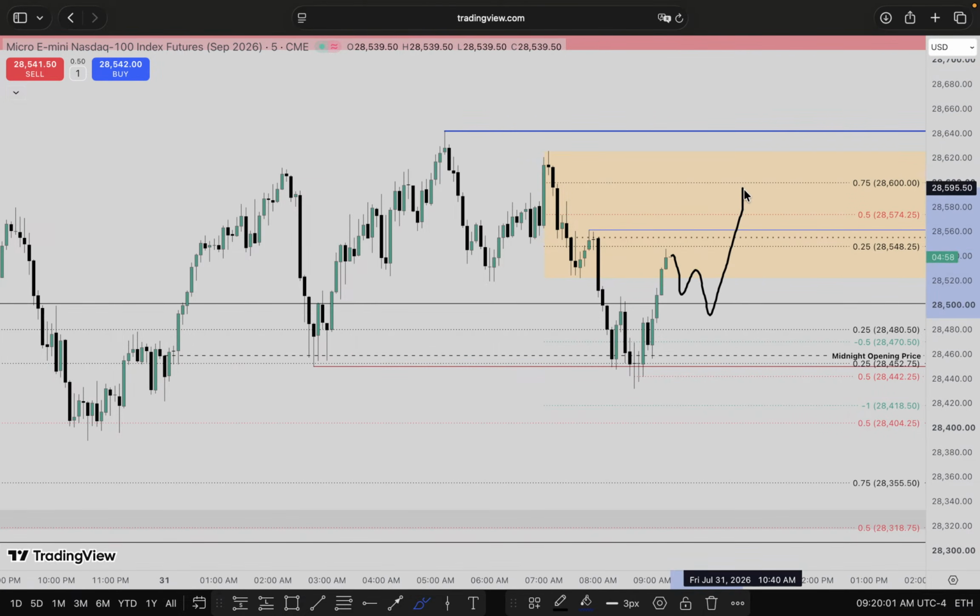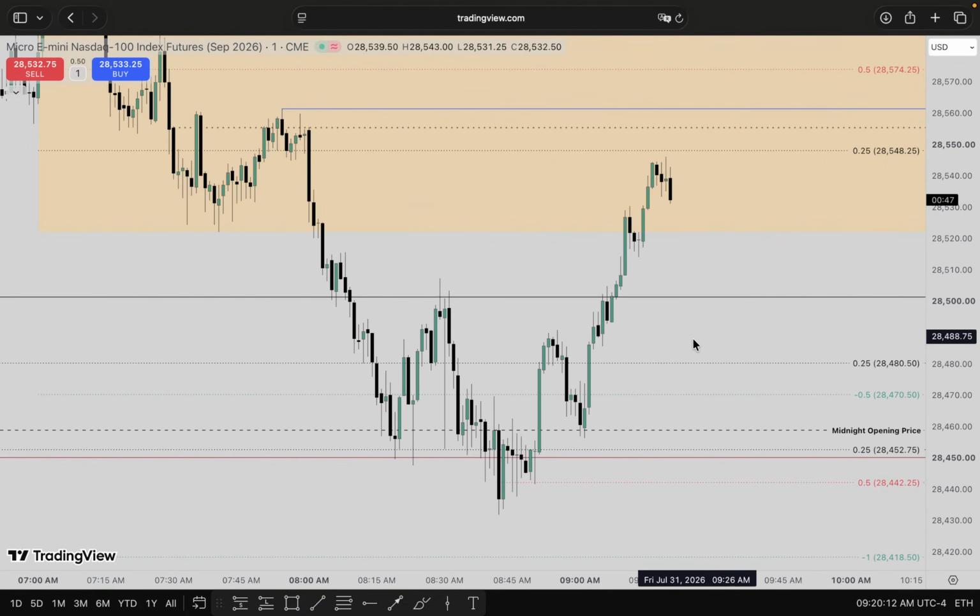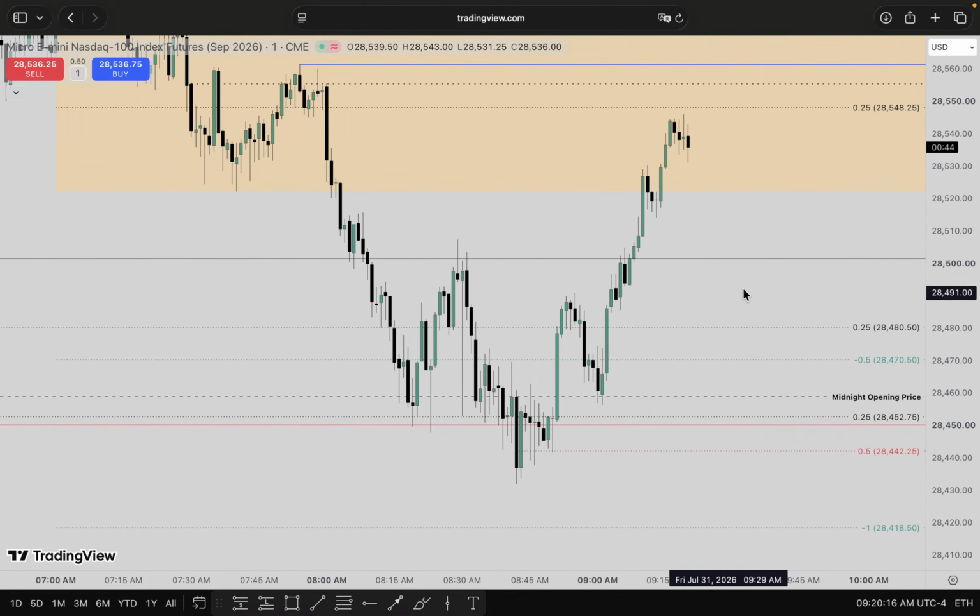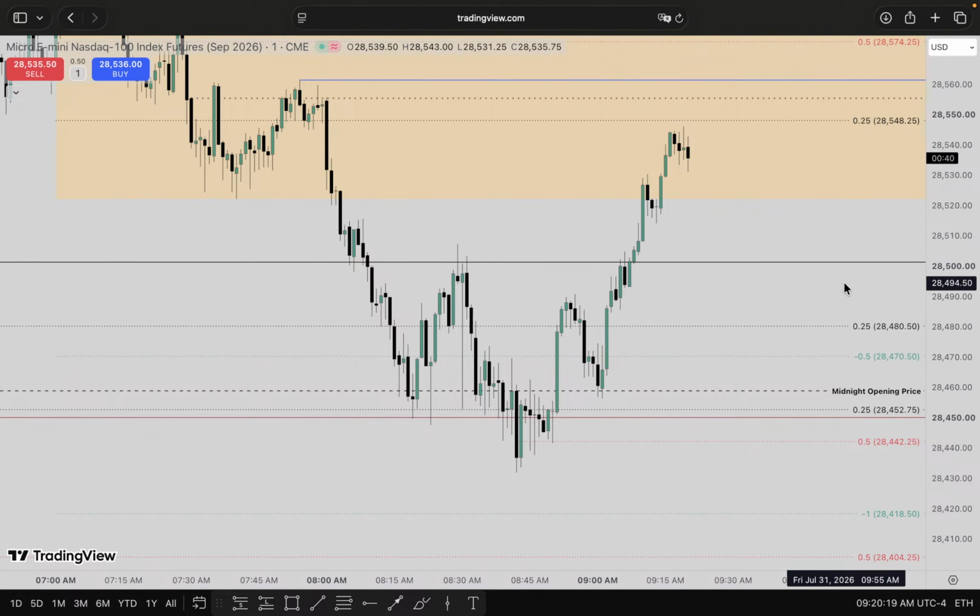But 9:30 could just boom and then drop to take out these lows down here. Let's see what kind of news we got next month though.